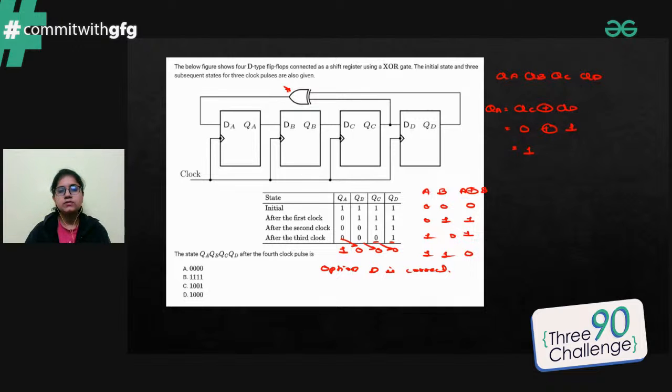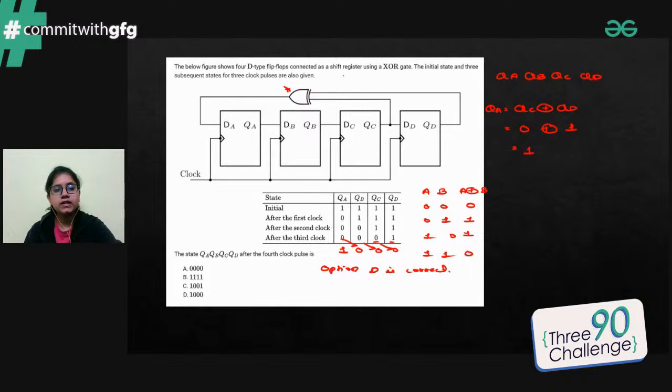So that's how sometimes a question may feel difficult, but it is not. If you solve such questions patiently, you will get the correct answer. And you should know the basics. Here the basics are: what is the truth table of XOR? And what is a shift register? They will not clearly mention that it is a right shift register, they will only mention shift register, but you all know that shift register means right shift register only.